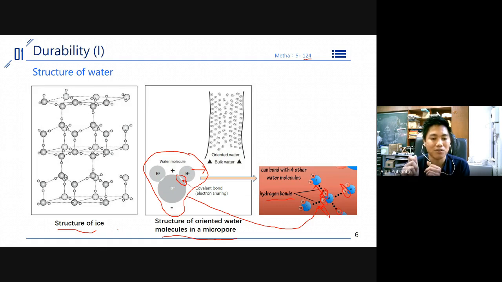Water at room temperature has approximately 50% of its hydrogen bonds broken. When more hydrogen bonds are broken, it becomes more liquid. So I think that will be easier to penetrate inside the concrete, and that will cause more problems. For the next slide, we will talk about why penetrating water, or why the permeability of water, is very dangerous to our hardening concrete. Okay.